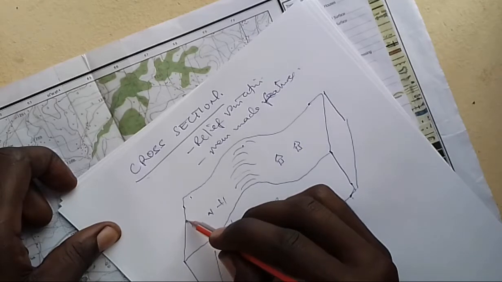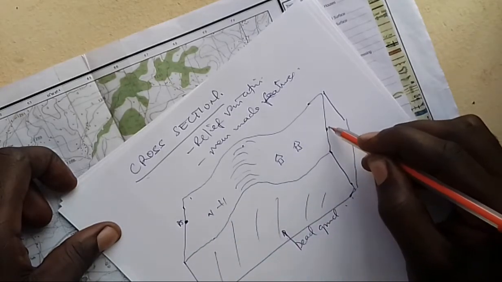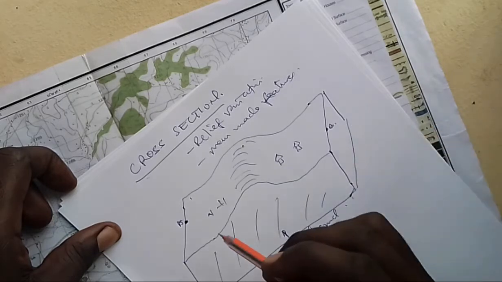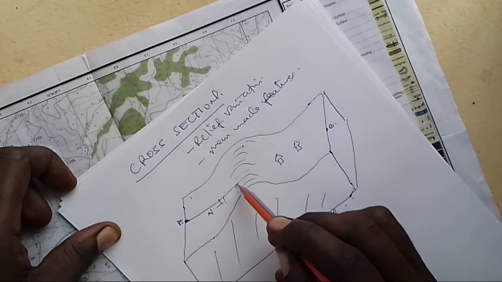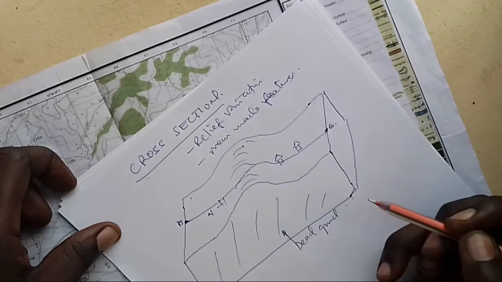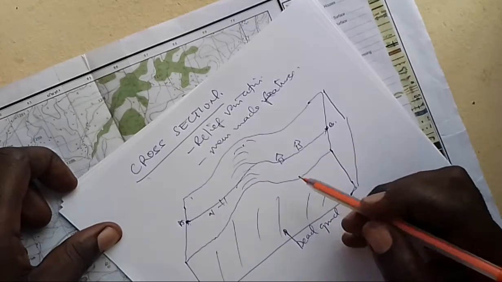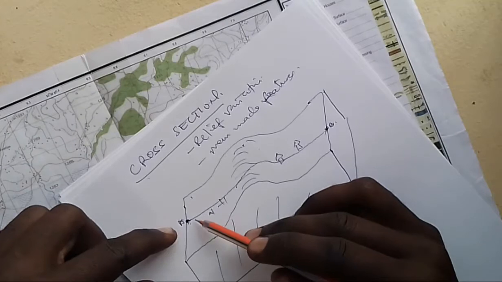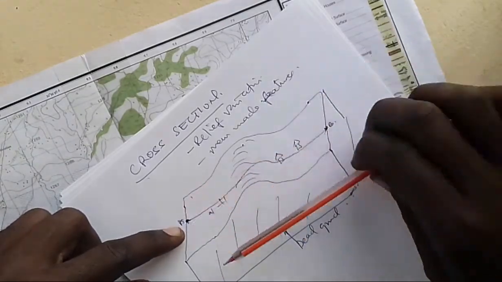Then you are required to cross from point A up to maybe cross point B here. So now we are going to look at, if I'm to cross this region, I'm going to move like this, up to there. So I've crossed this section, that is section A, B. We are going to look at the view of this, if it is cut vertically, if it is cut across.